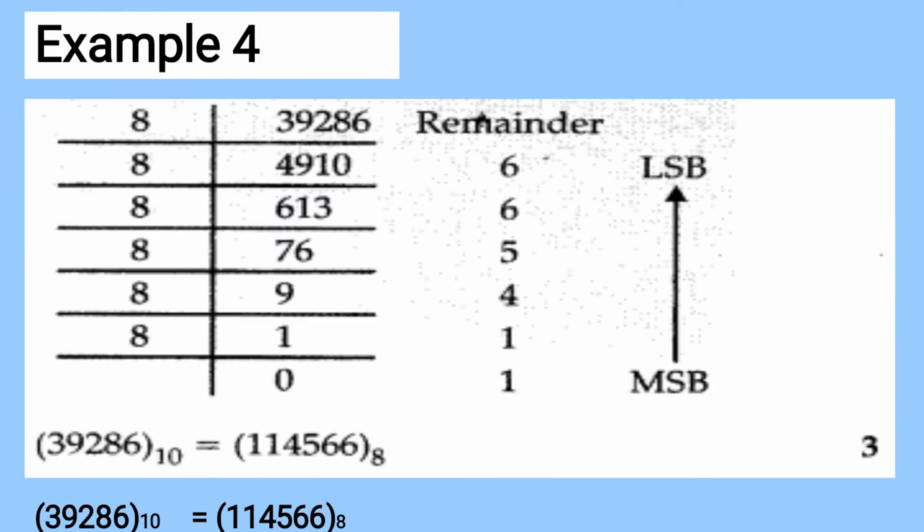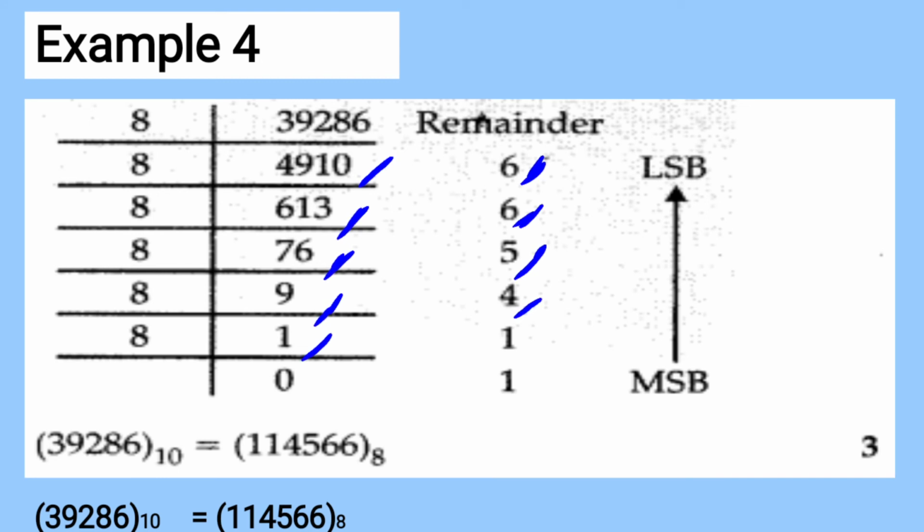One more example is 39,286 to the base 8. So first time when you divide it by 8, you will get 4910, and the remainder will be 6. Go ahead, second time it will be 613, remainder is 6. Next step, 76, the remainder is 7. Again divide, you will get 9, remainder is 4.